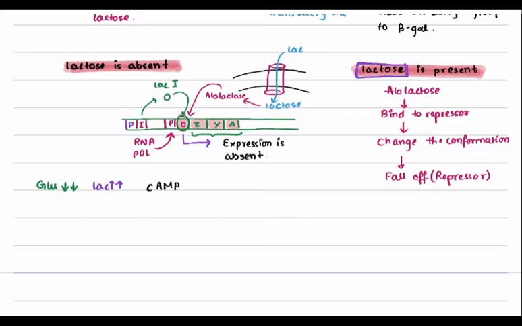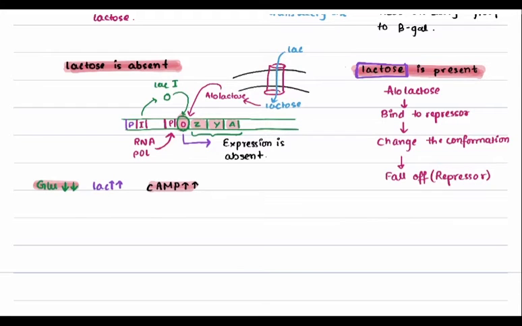Now, this cyclic AMP concentration increases inside the cell when glucose is low. So, you can relate these two: glucose is low and cyclic AMP is high.